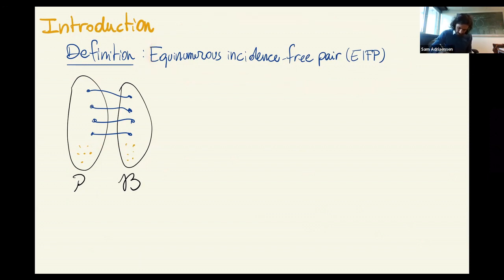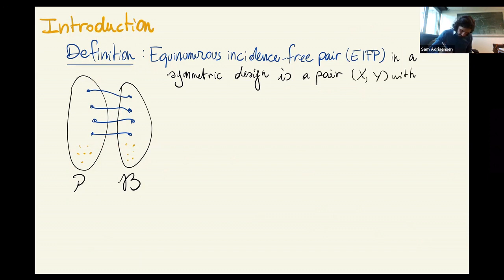So this is defined in symmetric designs as a pair XY where the size of X equals the size of Y. They're equinumerous.